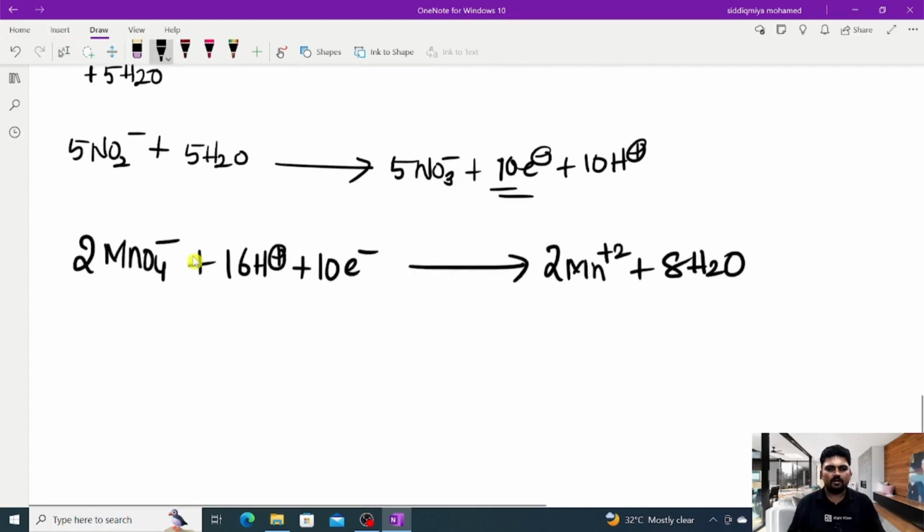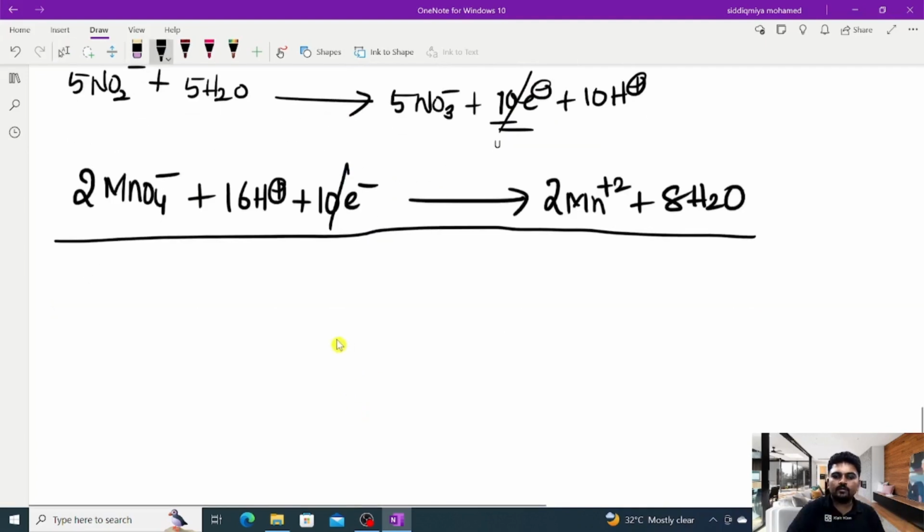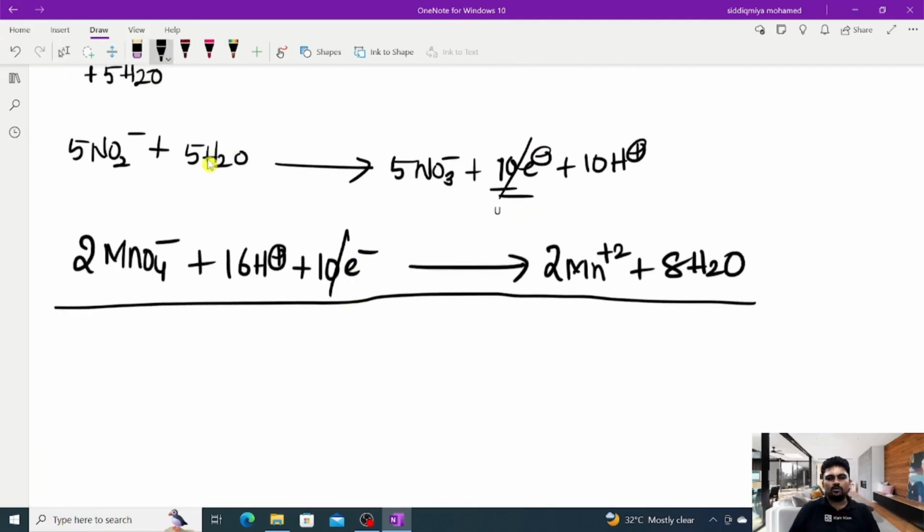Then 10 electrons will get cancelled. 5H2O and 5H2O cancel, so 3H2O remains, and 10H plus and 10H plus cancel, 6H plus remains.